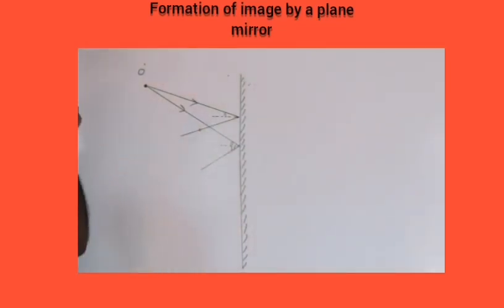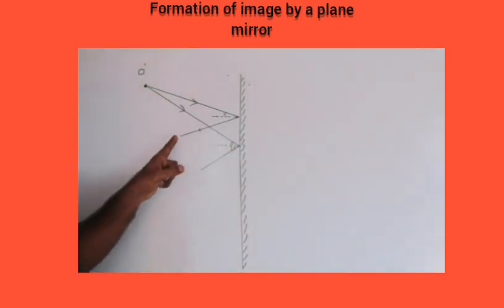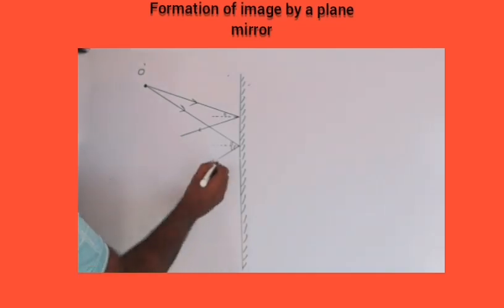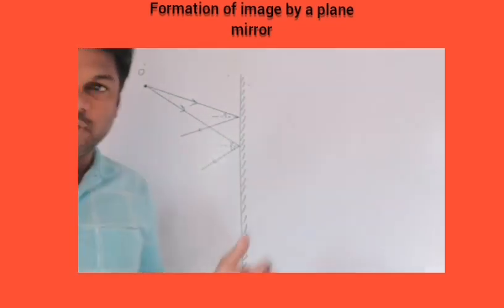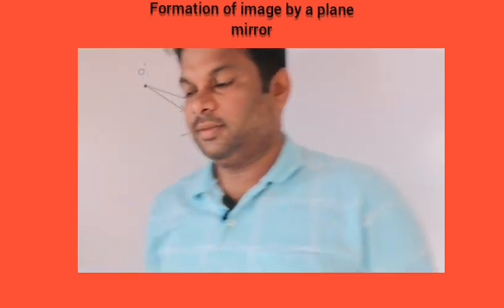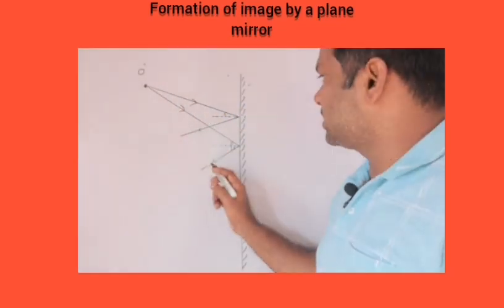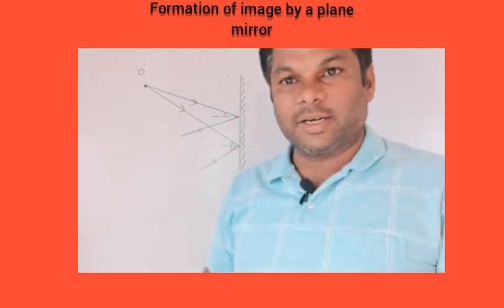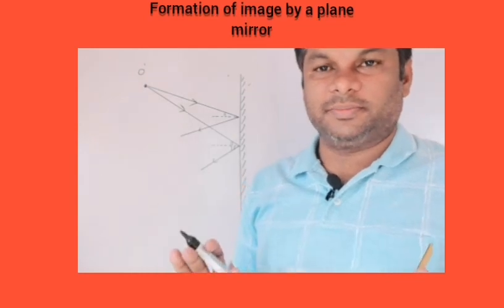So these 2 are reflected rays 1 and 2. After bouncing back, we are calling these 2 rays reflected rays.